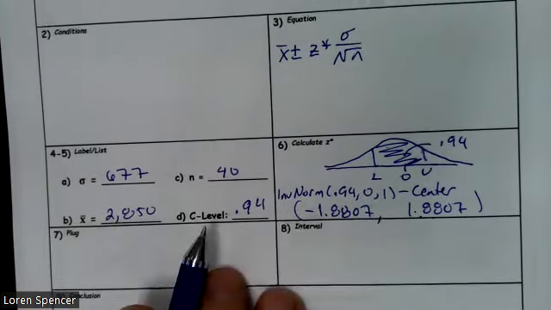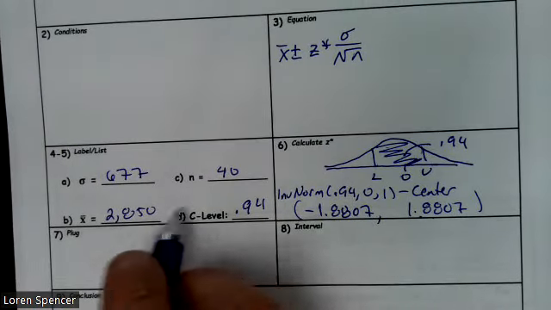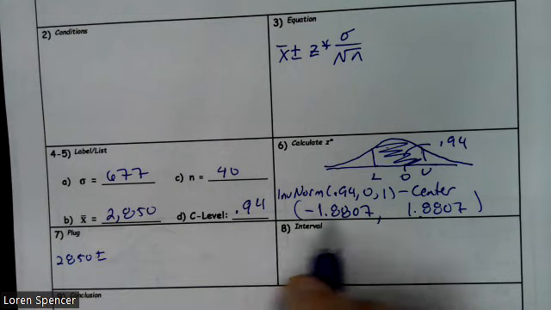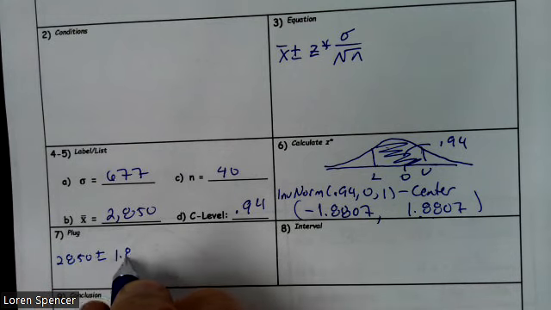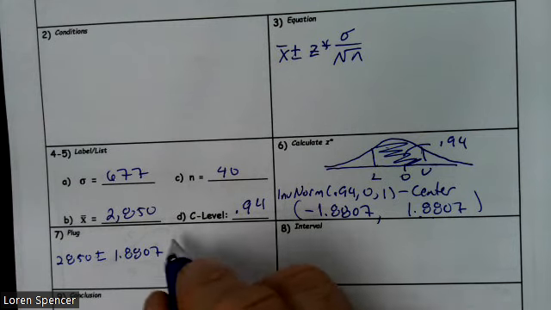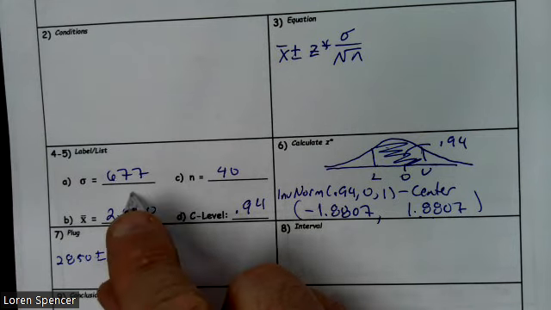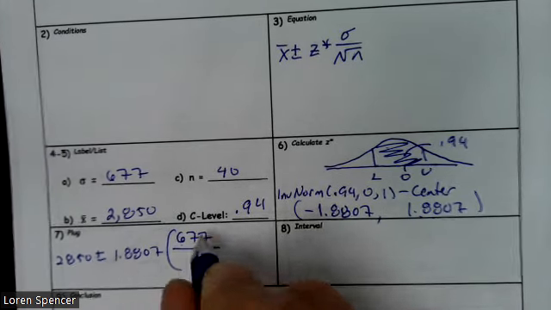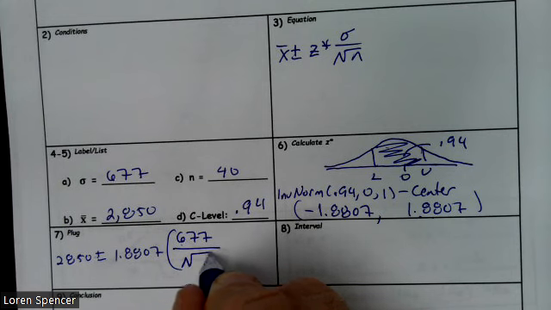So we're going to plug in, and we have X bar of 2850, plus or minus our Z star, 1.8807, our standard deviation, 677, over the square root of 40.